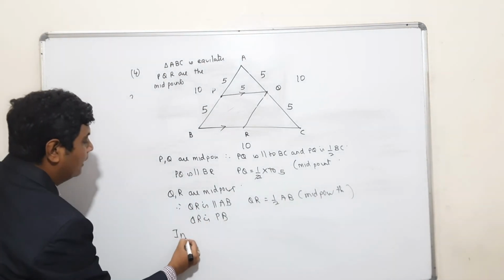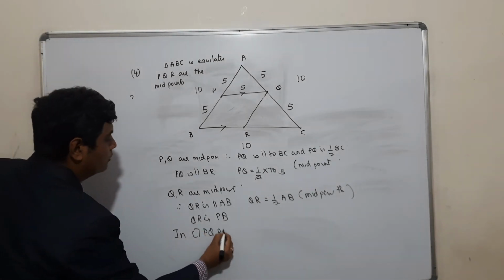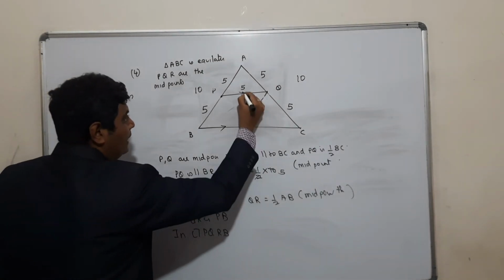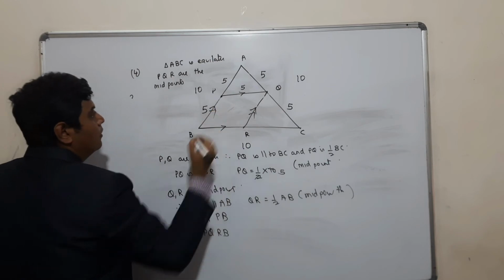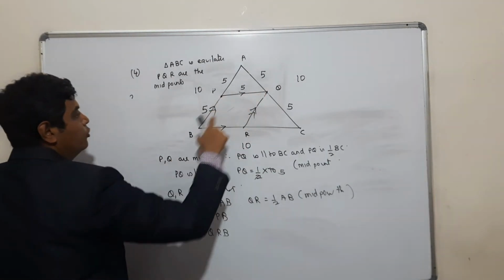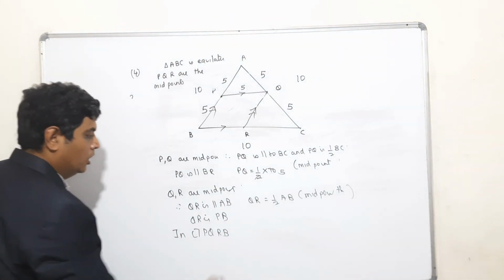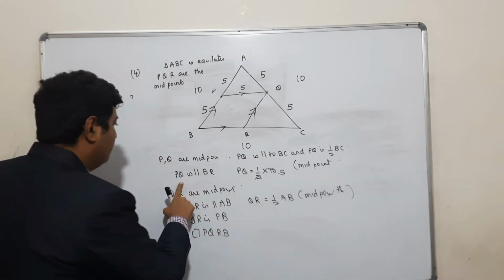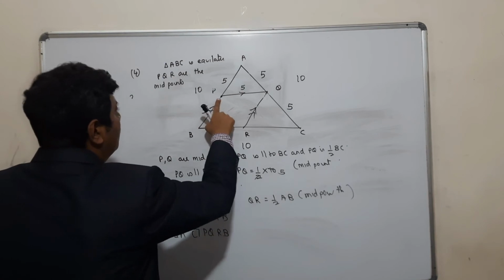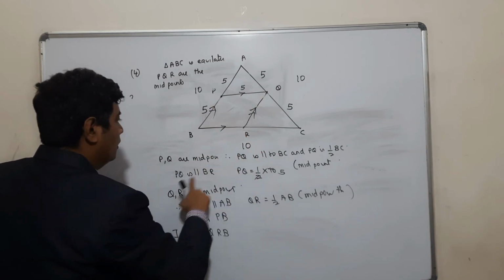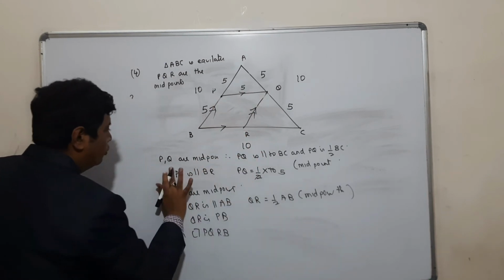Now in quadrilateral PQRB, opposite sides are parallel. PQ is parallel to BR, and QR is parallel to PB. Here you can write PQ is parallel to BR.